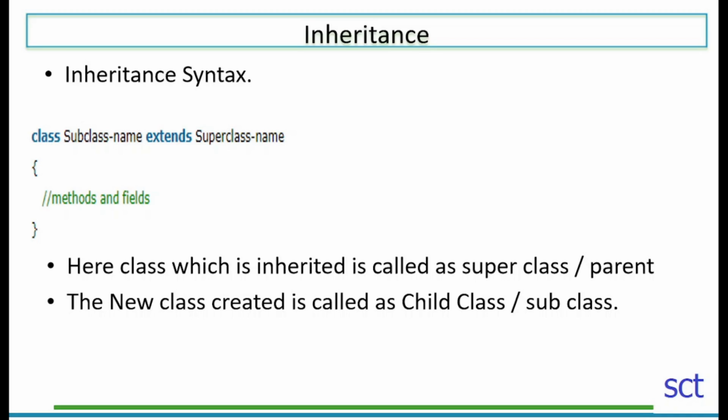When I am creating a new class, I have to use a keyword called extends from the main class, or the parent class. The class which is inherited is called the superclass and the newly created class is called the child class.